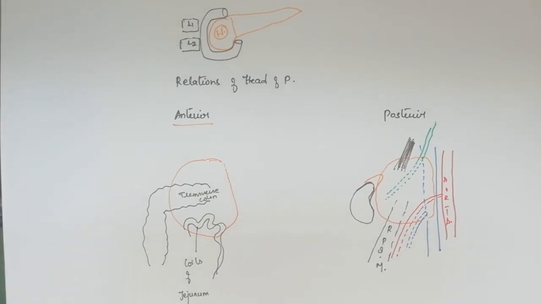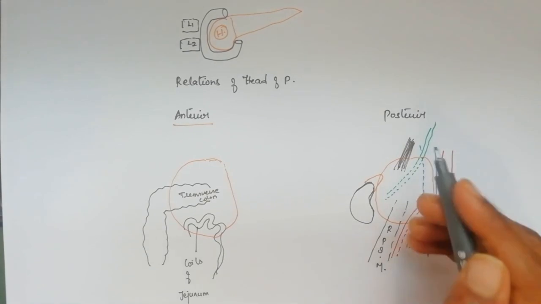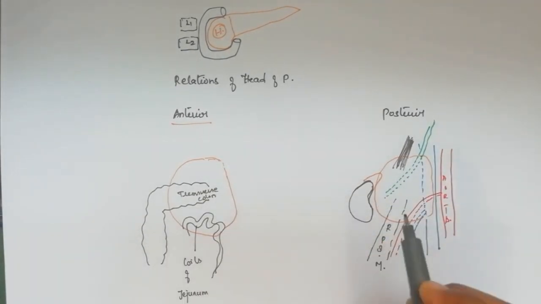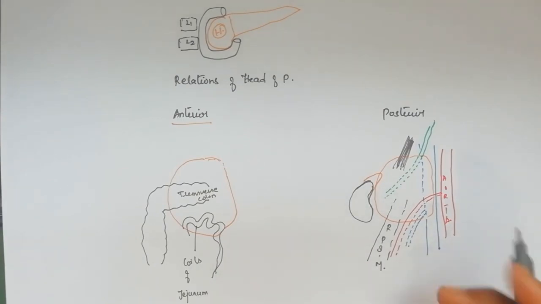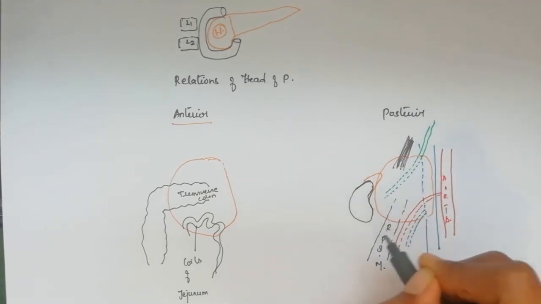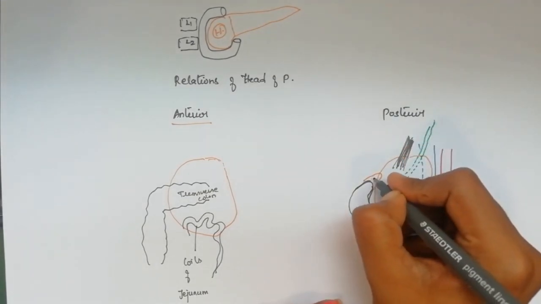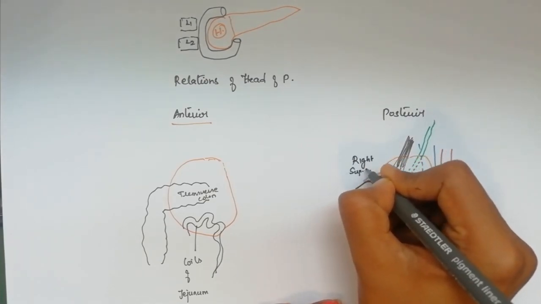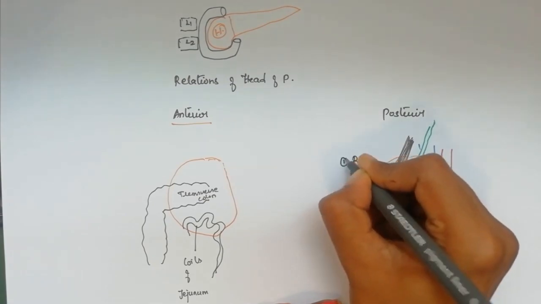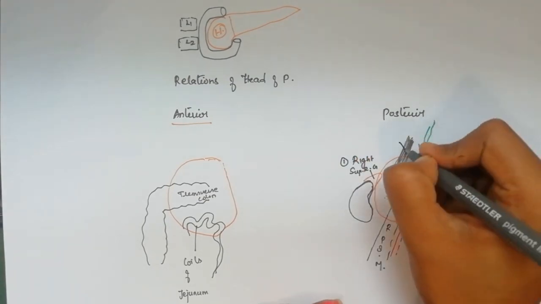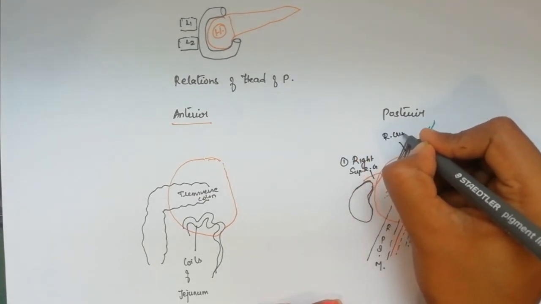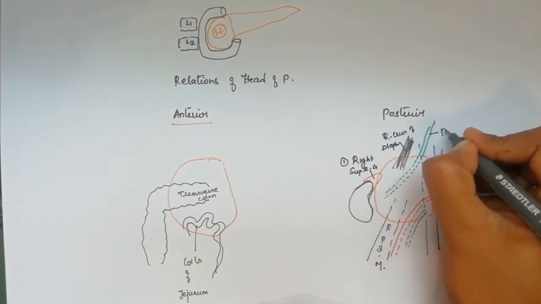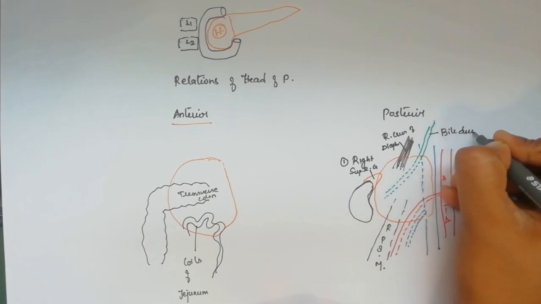I will summarize again. The first structure related is the right suprarenal gland. You have to know the head of pancreas is related more towards the right side, so right side structures will be seen clearly. So here, right suprarenal gland is the first structure, and then we have the right crus of diaphragm, and then the bile duct.